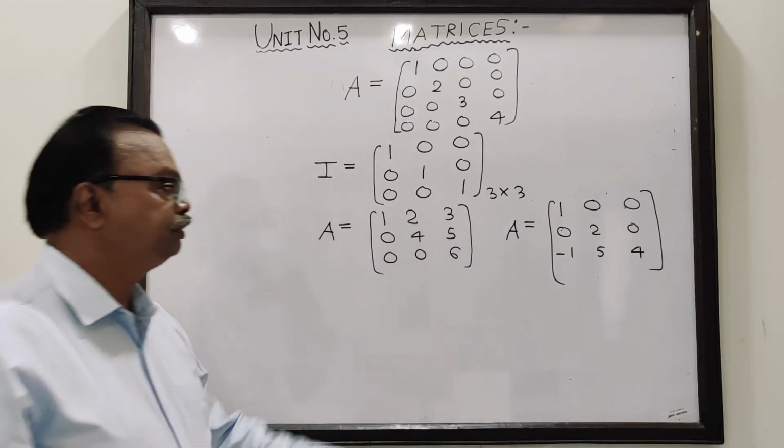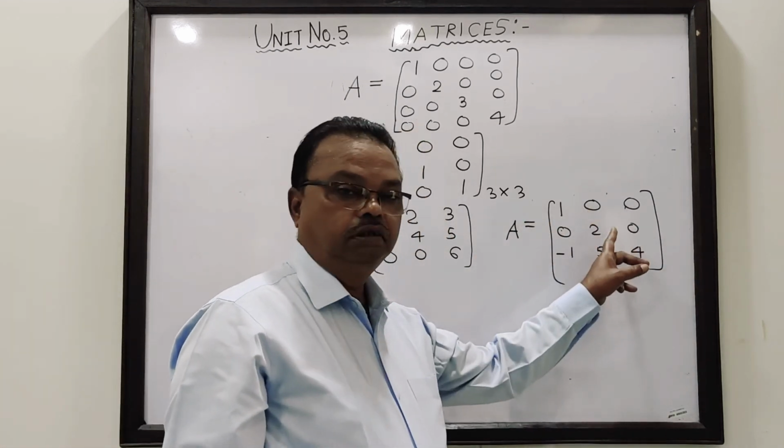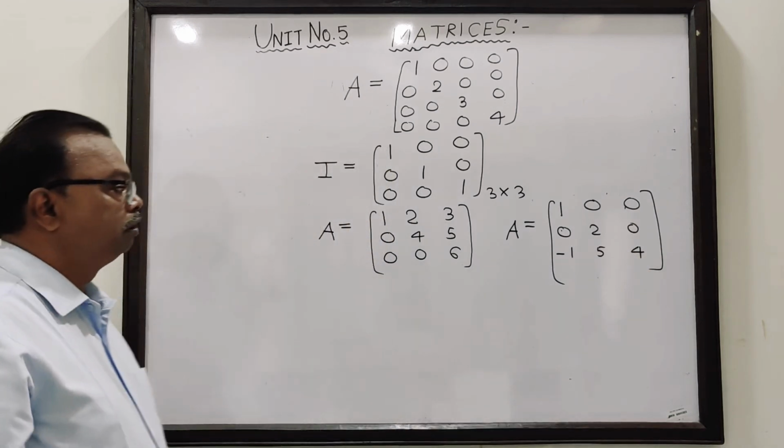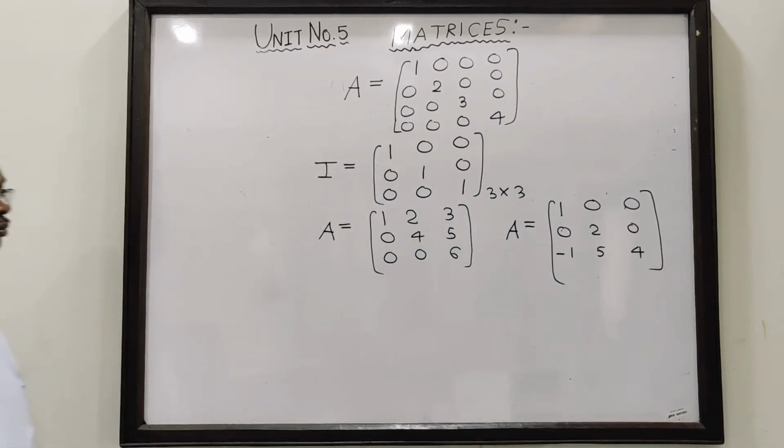So all the elements above the principal diagonal are 0. Therefore, it is called a lower triangular matrix.